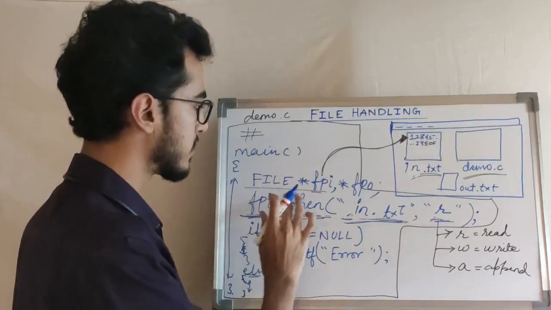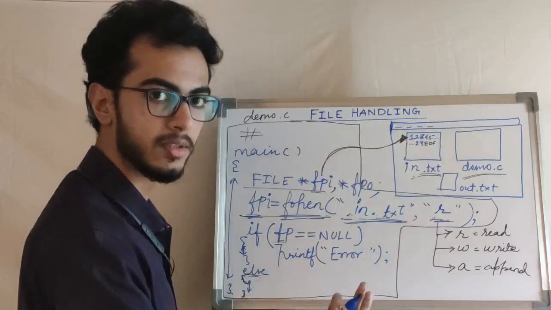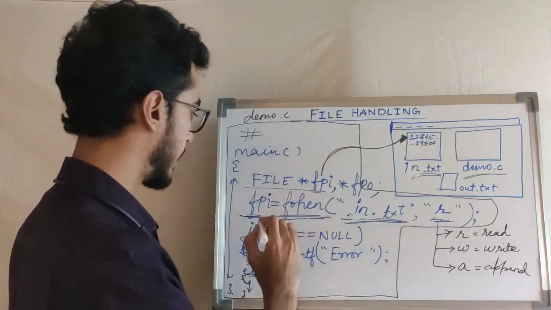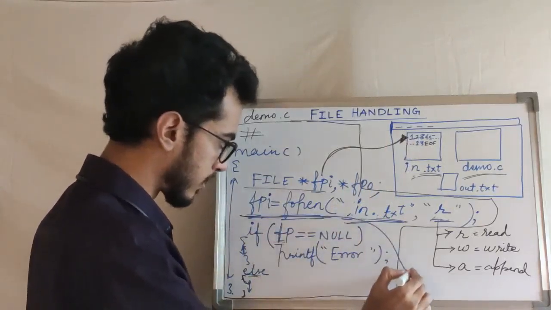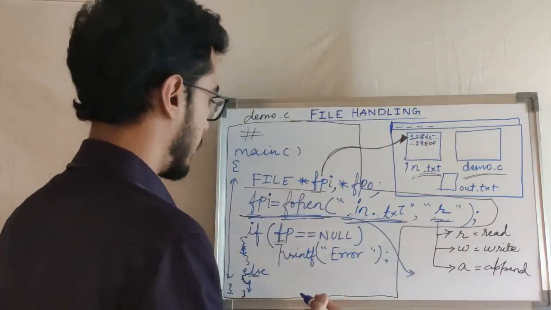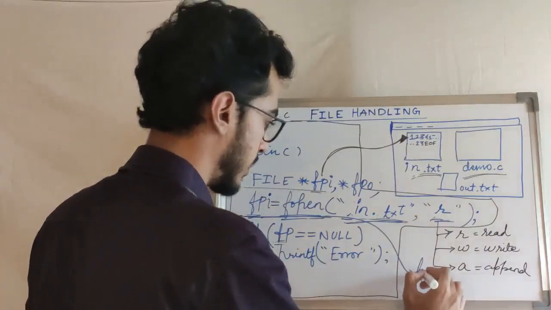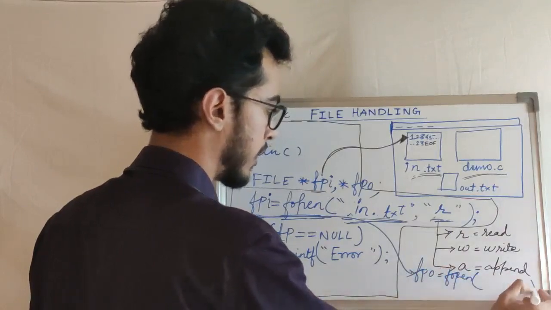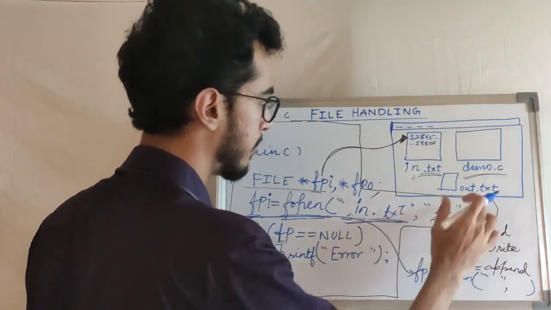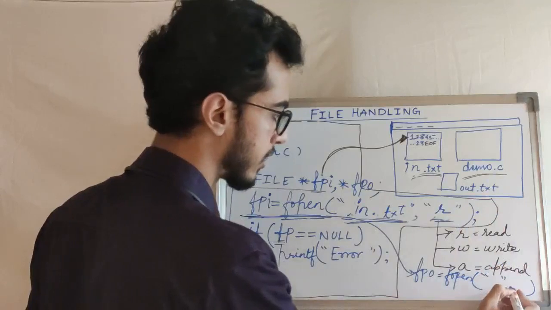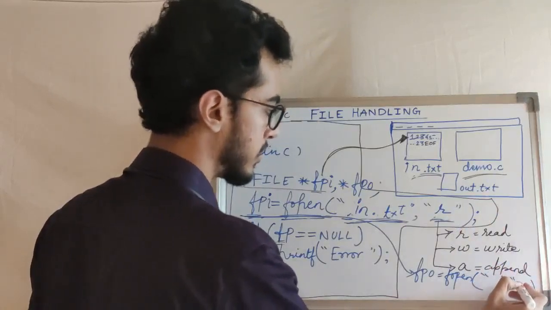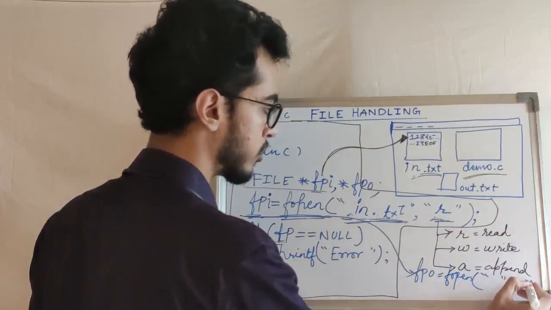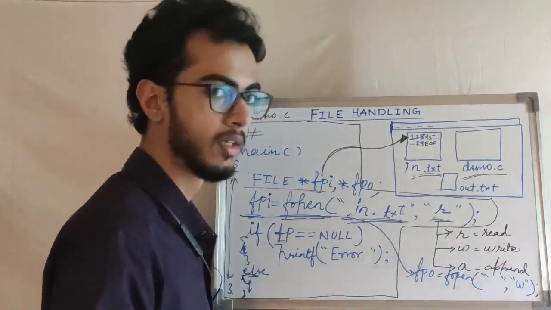So fpi is pointing to my input text file. I can create another file pointer, let's call it fpo equal to fopen. Similarly, the first parameter will be out.txt, comma, and this has to be opened in write mode because you want to write something on that file.